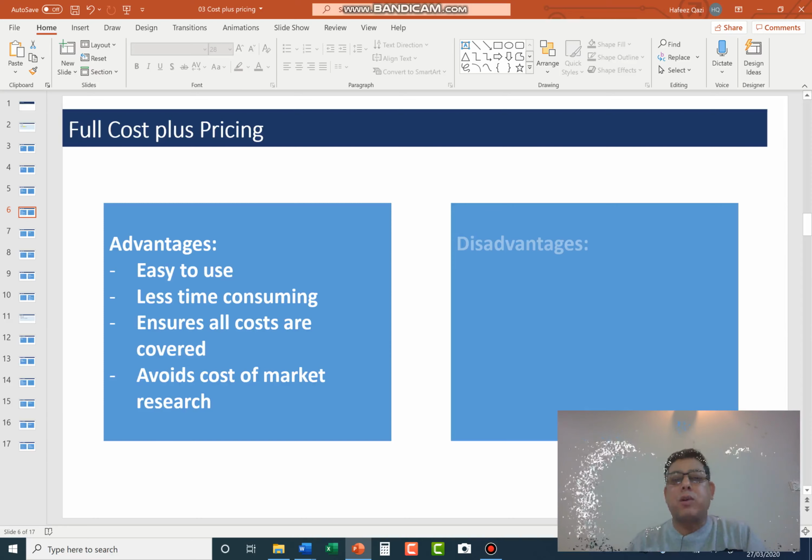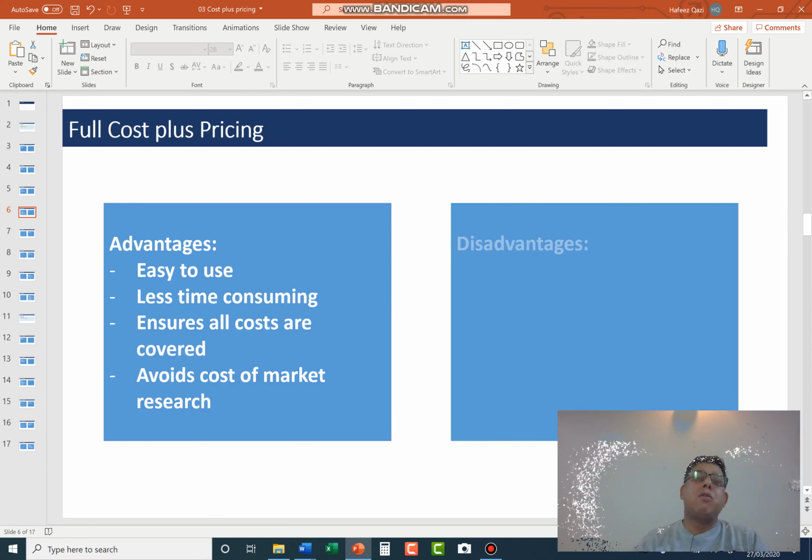So we have to conduct extensive, exhaustive market research in order to gather all the data and statistics and the sentiments of the market, and then we actually find out what customers are willing to pay. So mediocre firms, the firms which are very small or even medium-sized, do not like to spend money on market research, and they simply calculate the cost and add some profit elements to arrive at the selling price.